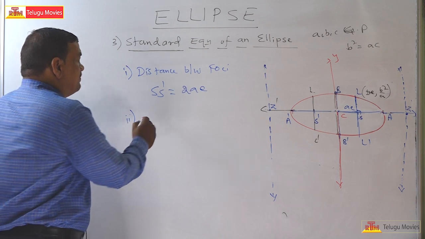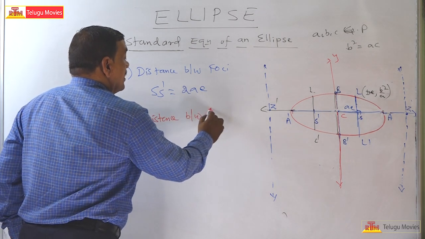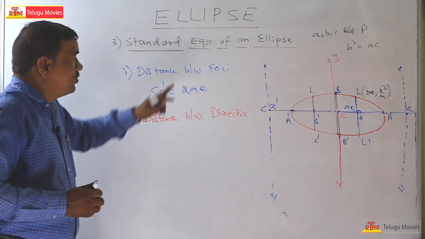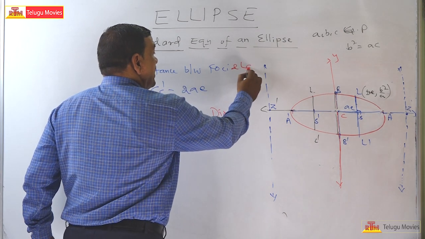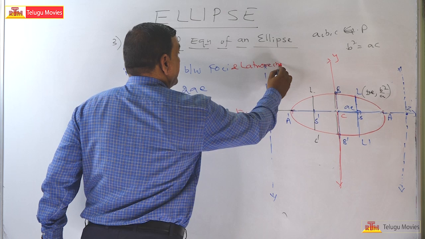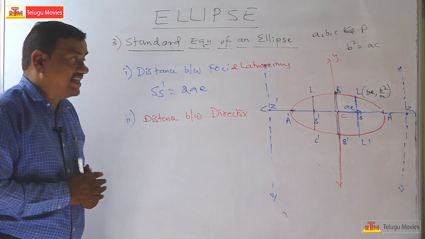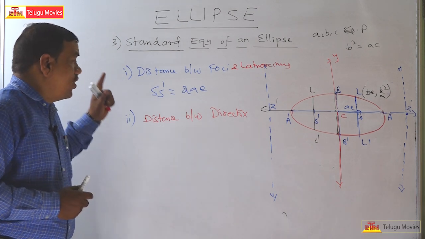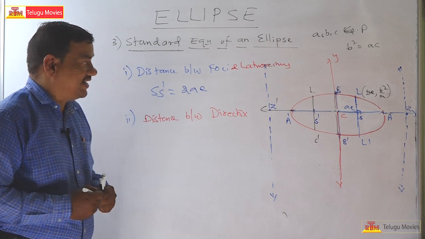Now the distance between the latus rectums, that is also 2AE. Okay, now the distance between the directrices.